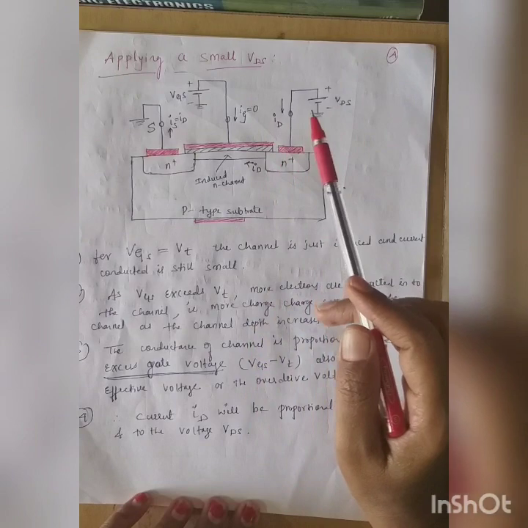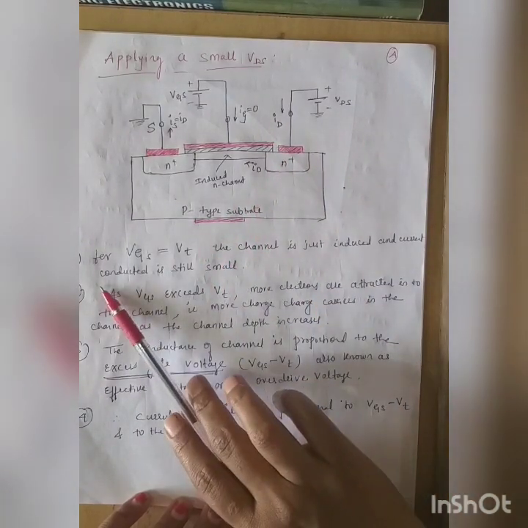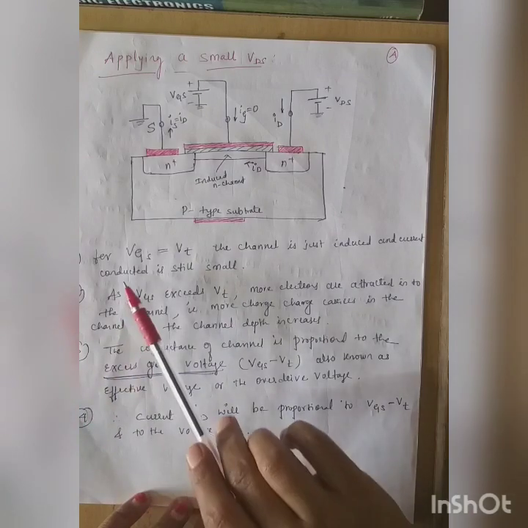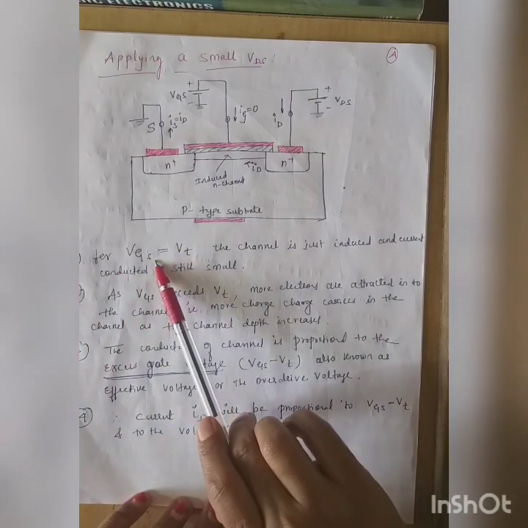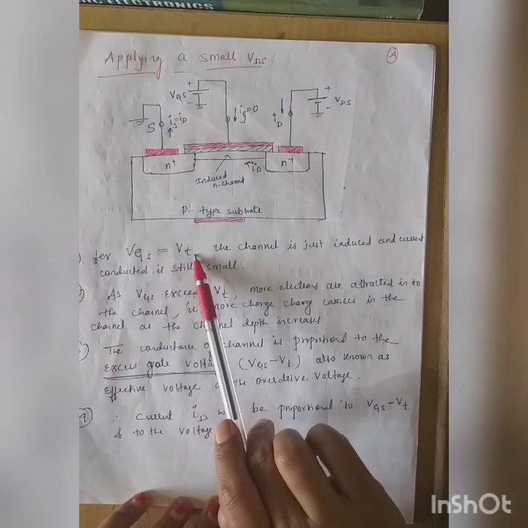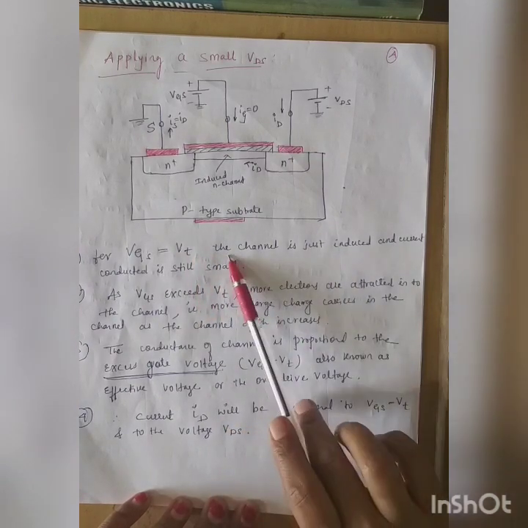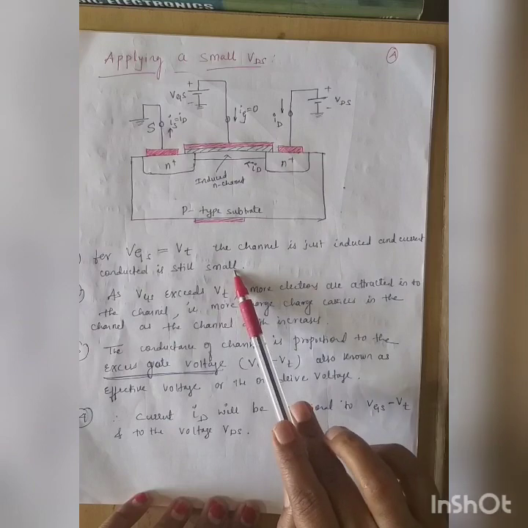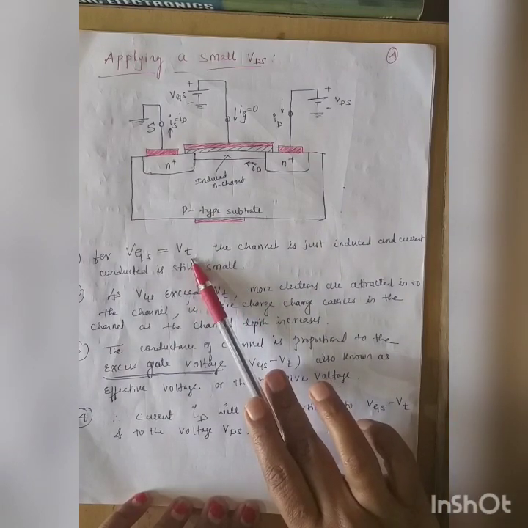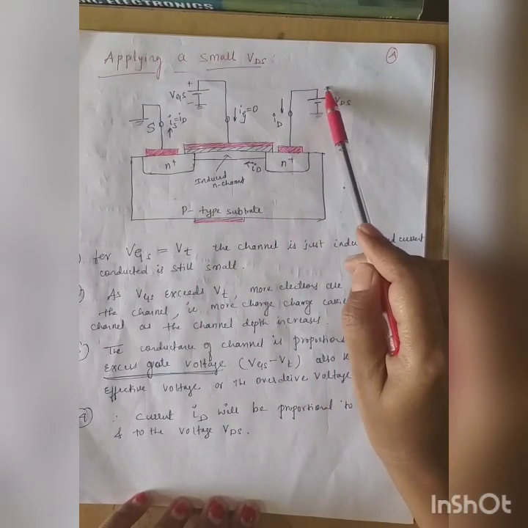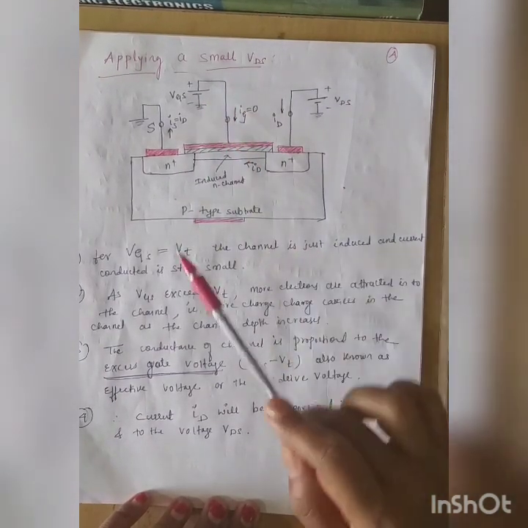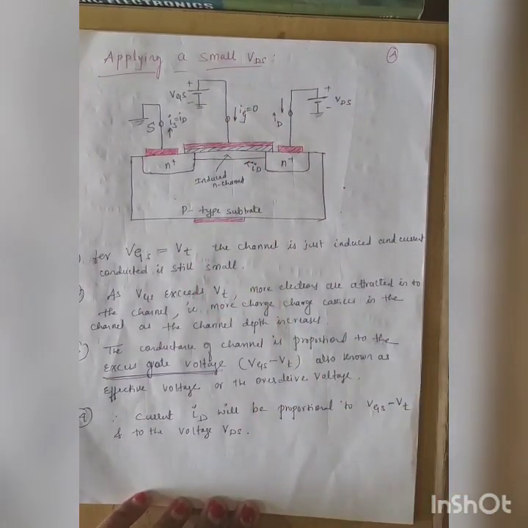Fine. So we have a number of cases here. I'll explain one by one. So when you make VGS equal to VT, what happens? The channel is just induced and the current conducted is very small because it has to cross VT. We are providing some fixed VDS here. We go on varying VGS. So initially let us say it is equal to VT.